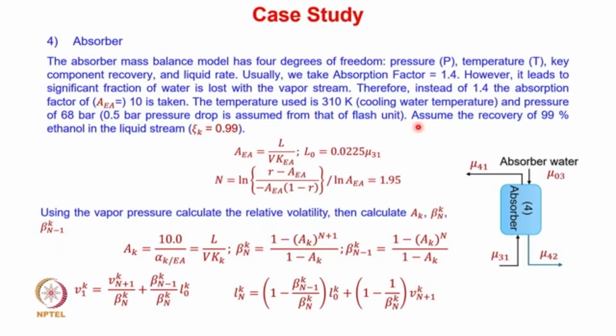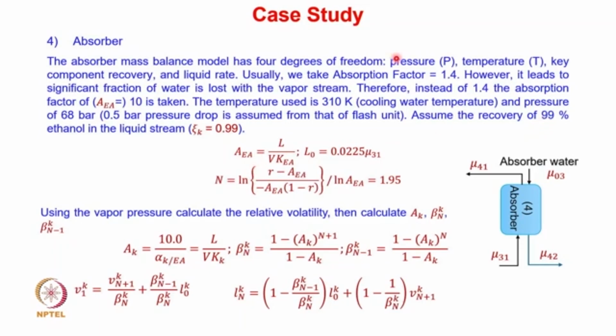Let's say we have fixed the split fraction of the ethanol as 99%. That means 99% of the ethanol in the vapor stream we want to absorb using the water.